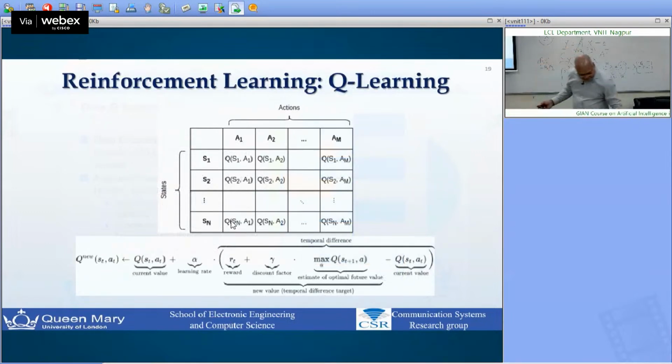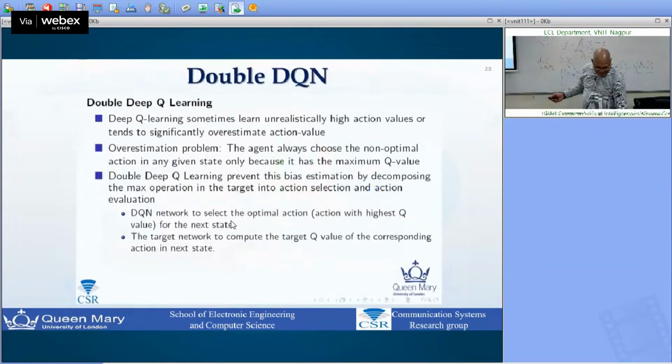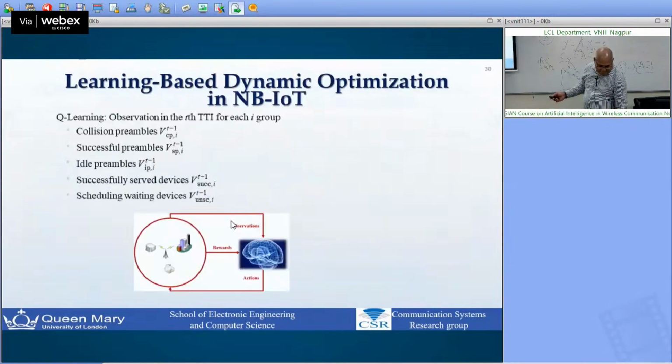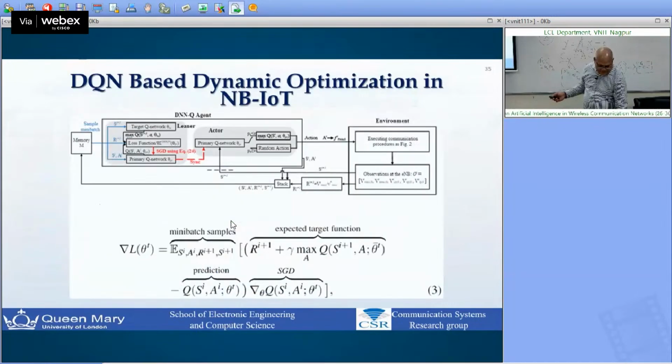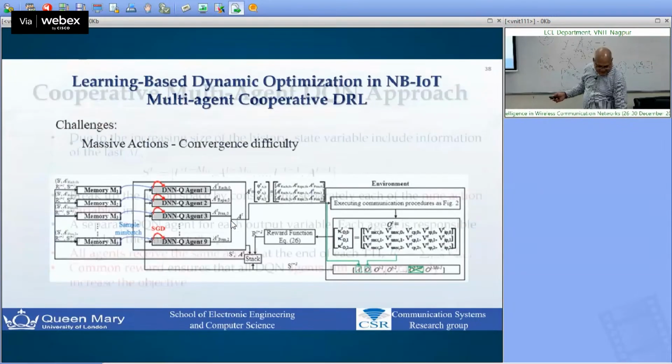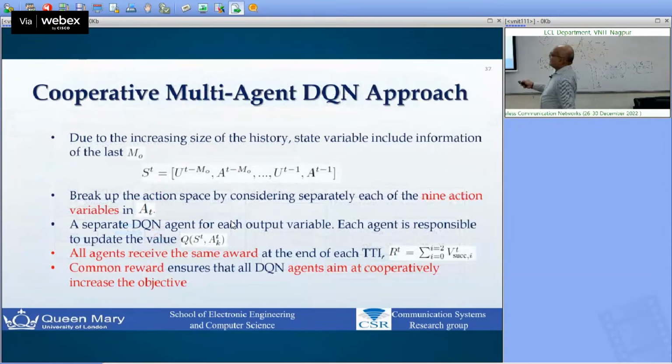Say here the state is going to be like this. This is at a particular time slot. This is the state. State means, during the previous whole time interval, what are the actions you take? Due to the memory size, we take only the last M naught time slots.